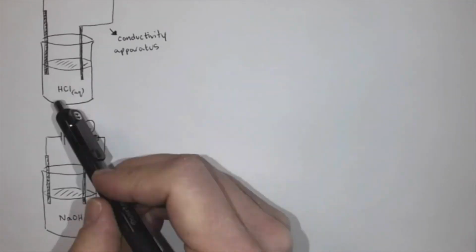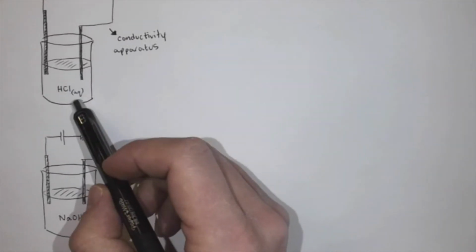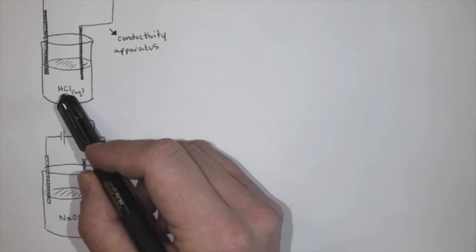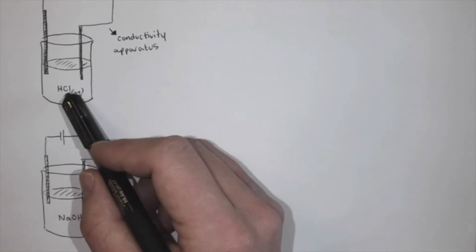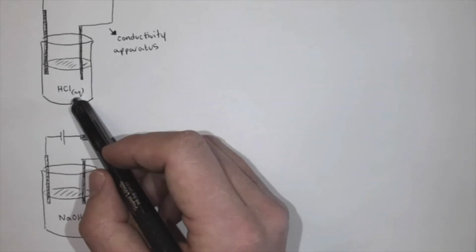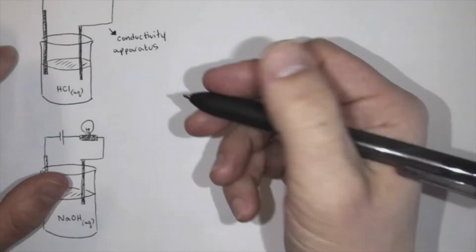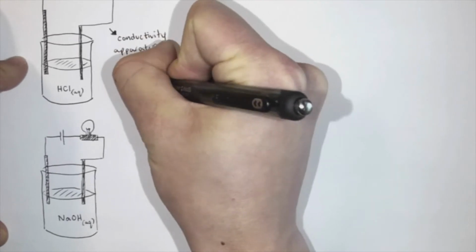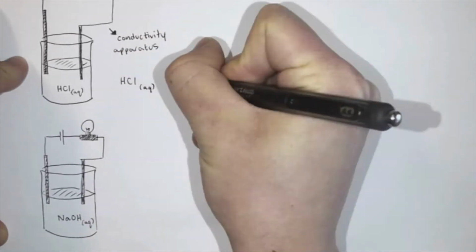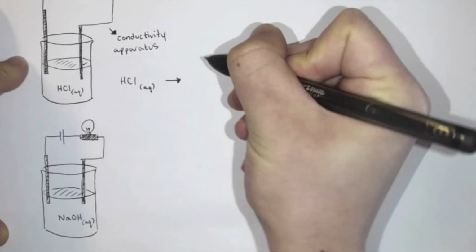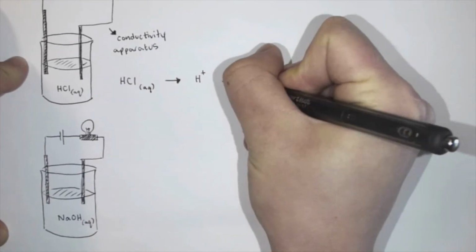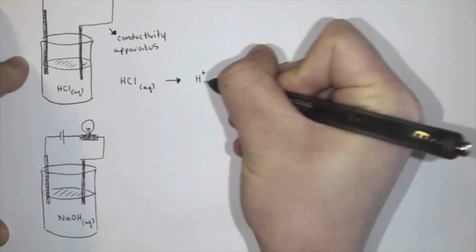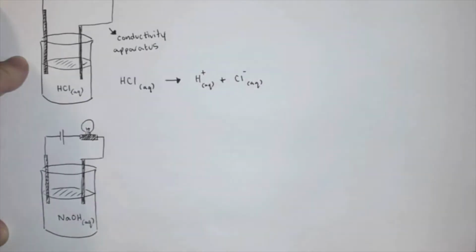So because hydrochloric acid conducts electricity, this tells us that the hydrogen chloride dissolved in water must somehow dissociate into hydrogen ions and chloride ions. And this is actually what Svante Arrhenius proposed. He proposed that hydrochloric acid, when it's dissolved in water, dissociates into hydrogen ions and chloride ions.